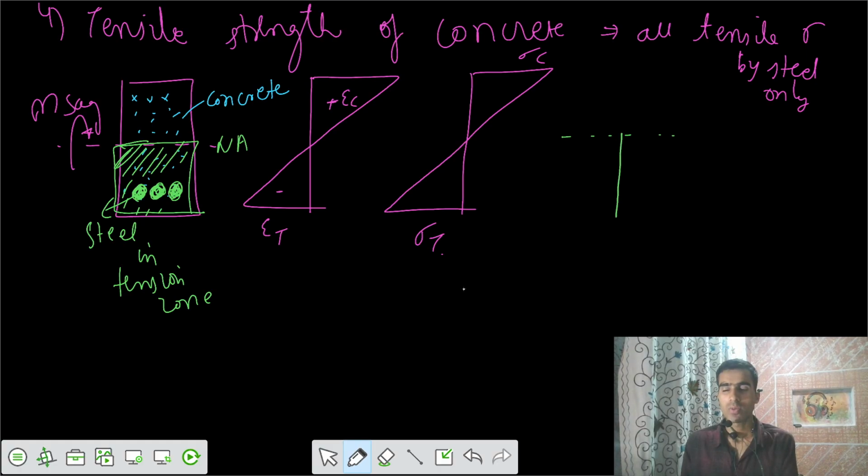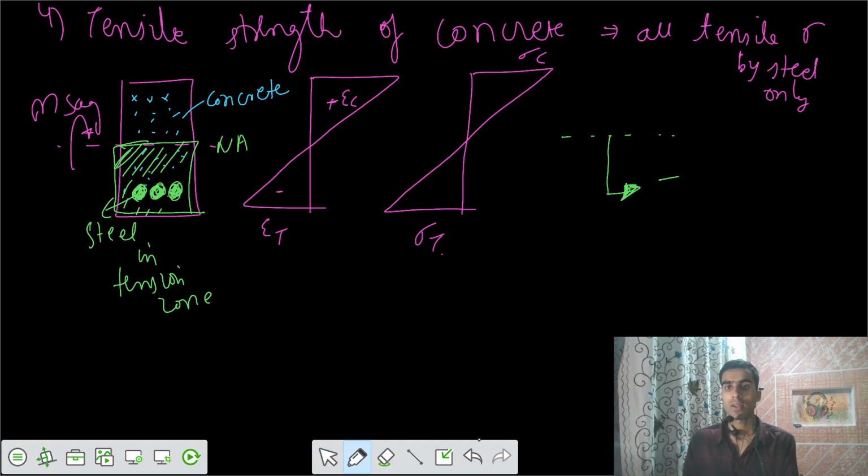We assume that there is no beam anywhere there, only at the level of those steel bars. At the level of steel bars there is some tensile force that has developed, or we can say tensile force resistance developed because the section is taking some tensile loads.